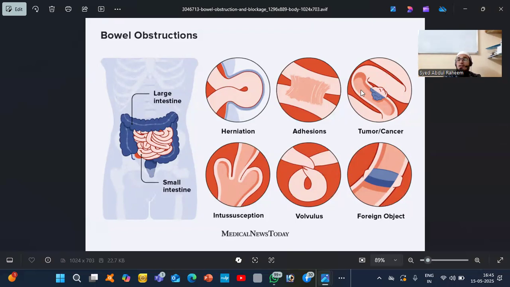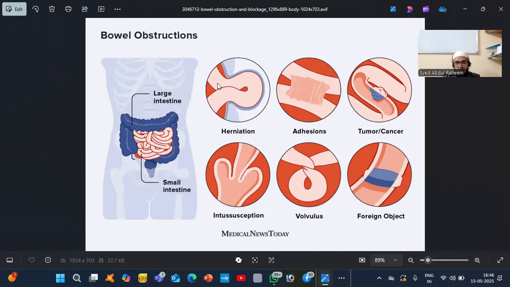Another is any tumor or cancer, or intussusception. Intussusception means the inner bowel and outer bowel are mixed. Then volvulus, any type of twist, or a foreign object situated. These are all types of bowel obstruction.